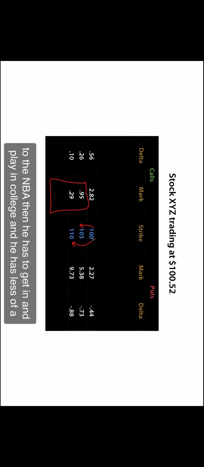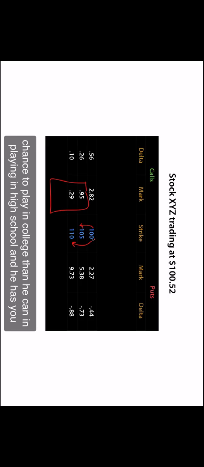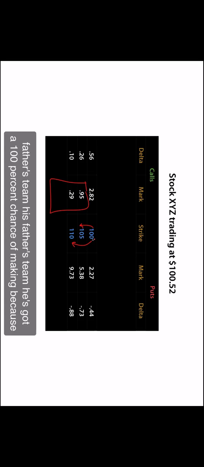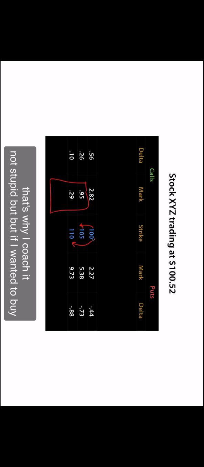And he has less of a chance to play in college than in high school. And maybe less of a chance of making the All-Star team than making his father's team. His father's team, he's got a 100% chance of making because he's my son. That's why I coach it.